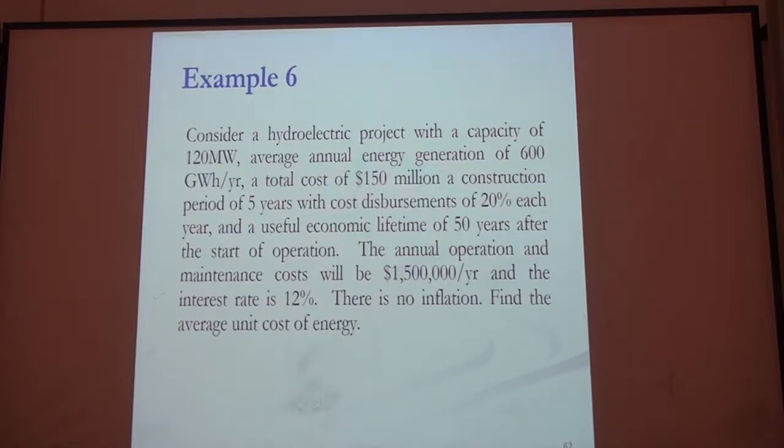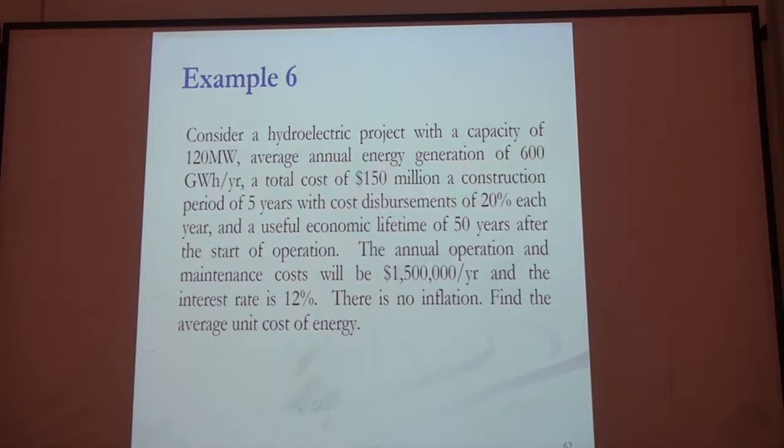that a total cost of $150 million is given with a construction period of 5 years and cost disbursement of 20% each year. What does this mean? This means that we use the money in disbursements. We don't borrow the money, for example $150 million, in one go.